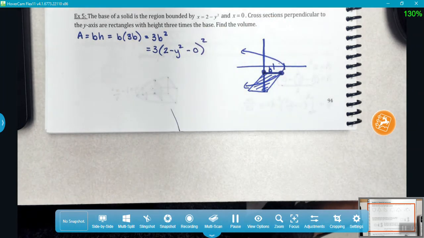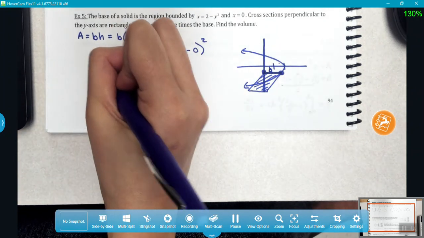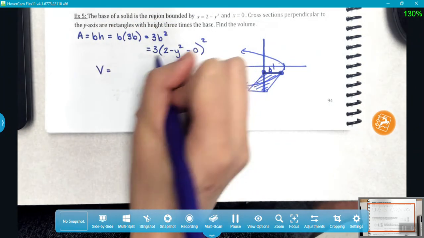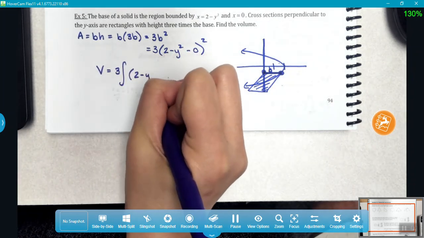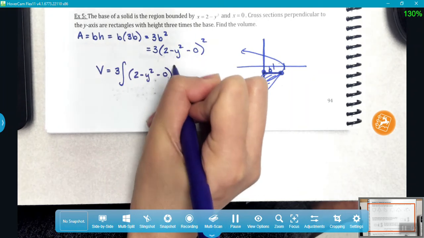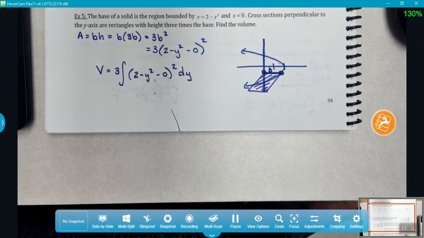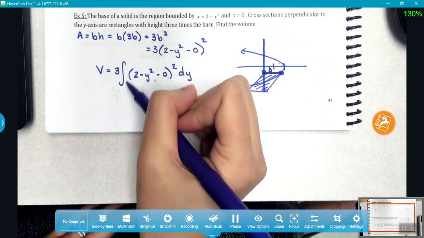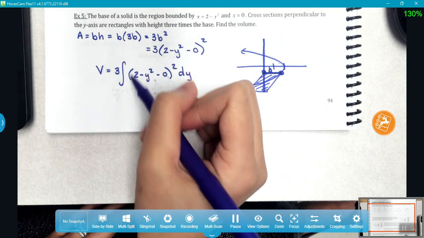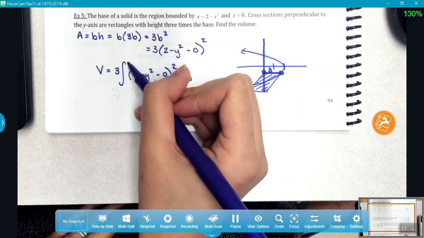Okay. And then volume, we'll leave out the 3. You can leave out the 0 if you like to. But these values right here need to be y values, not x values.